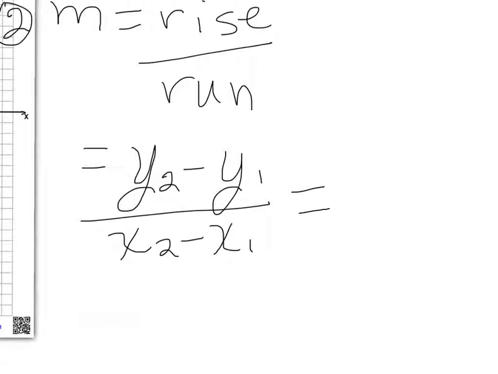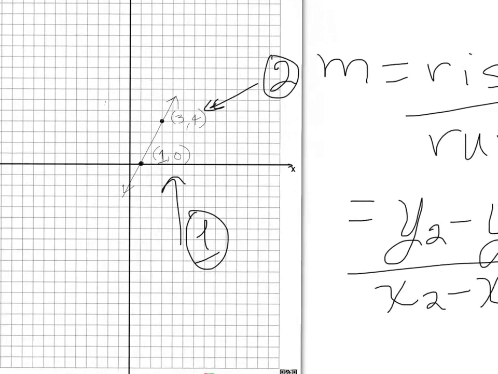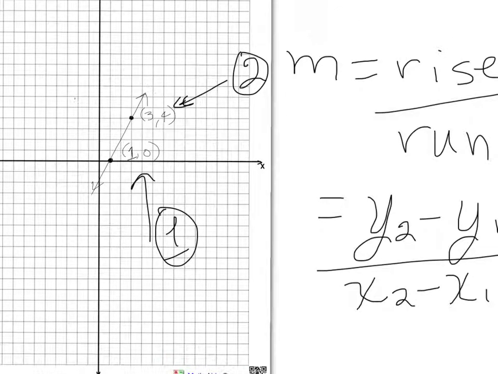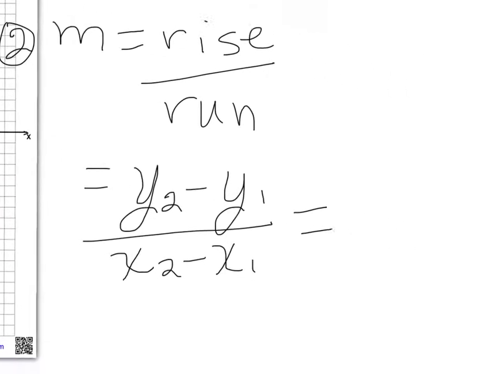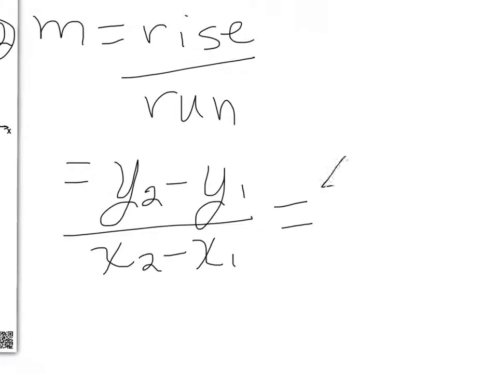Let me go back here. All right, so let's look at our y's. We're going from 4, and we're going to subtract 1. So that's the difference in my y's. Let's put that in the formula. So that's 4 minus 1. Okay, and now let's do our x's.